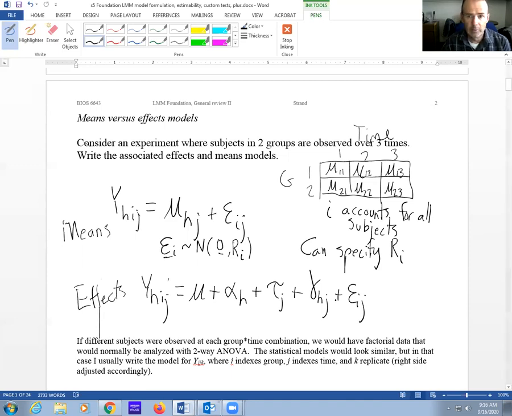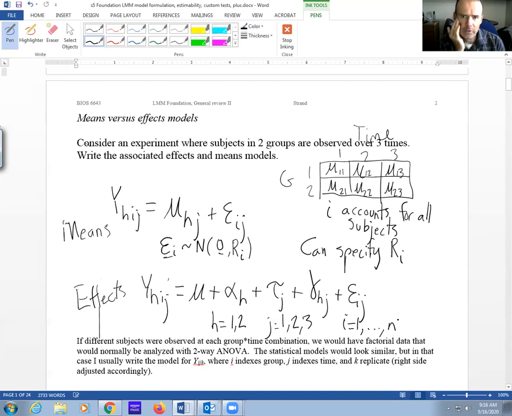But in the model that we've written here, we've actually made a parameter for both groups, for 3 times, and for 6 interactions. So I'll clarify, h is 1, 2, j is 1, 2, 3, and i, we don't know for sure, but I'll just say that goes up to n, okay?